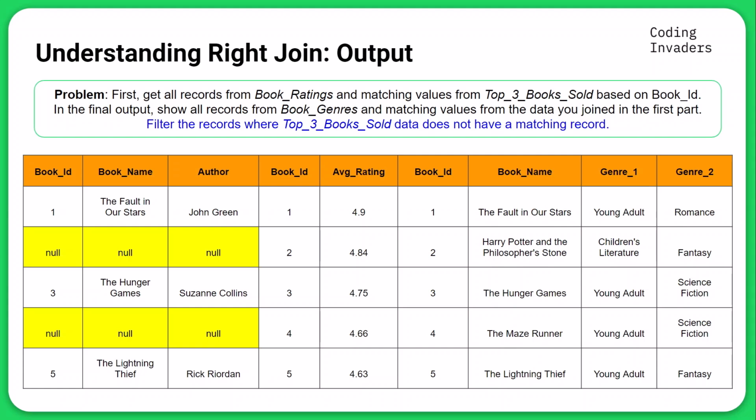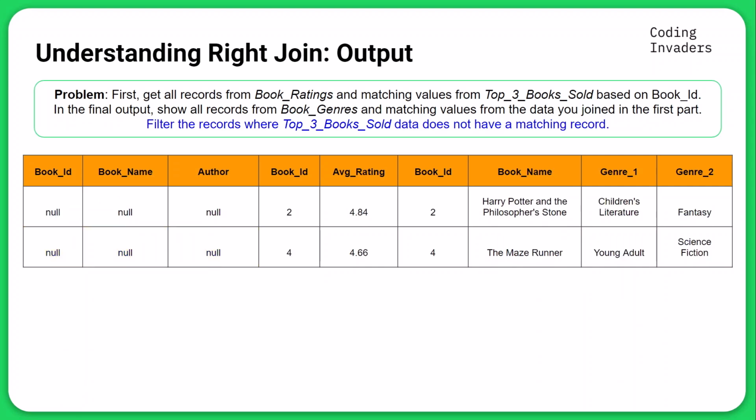Essentially, we are still joining the 3 tables, but we just need to return the records where the top 3 books sold entries of the output do not have a matching record. That is the null values. Hence, this is the final output to our problem, and the code is also very simple, right? I'm sure you must have guessed it by now.